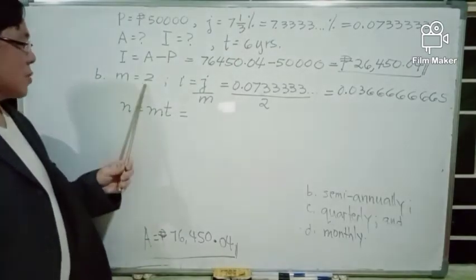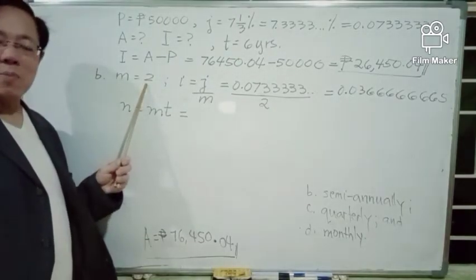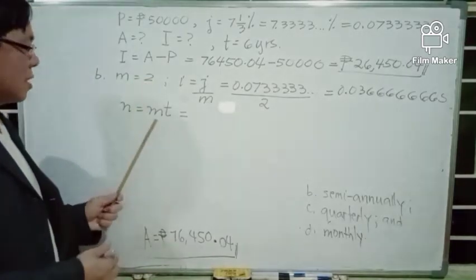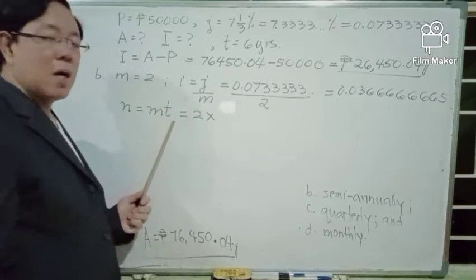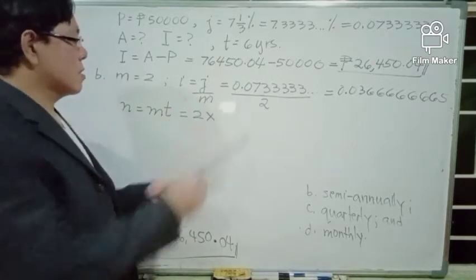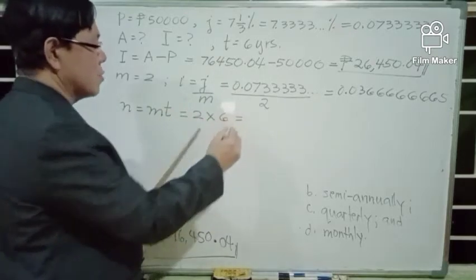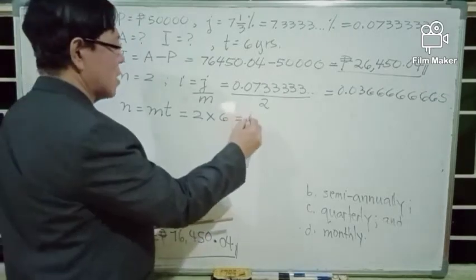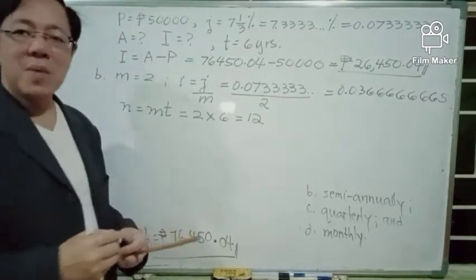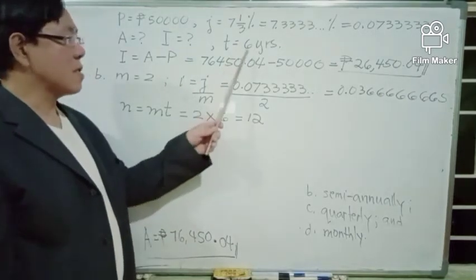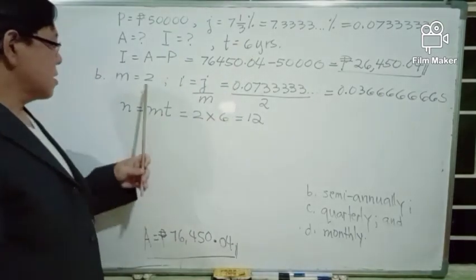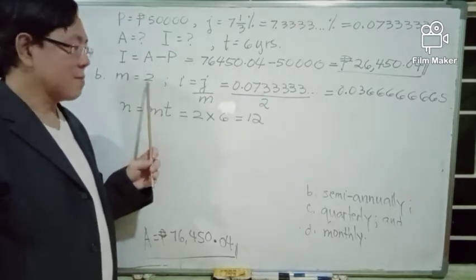It is equal to the number of times that interest will be computed per year, twice a year, multiplied by the number of years, 6 years. And 2 multiplied by 6 is 12. 12 means that interest will be computed 12 times for 6 years, and that is twice a year.